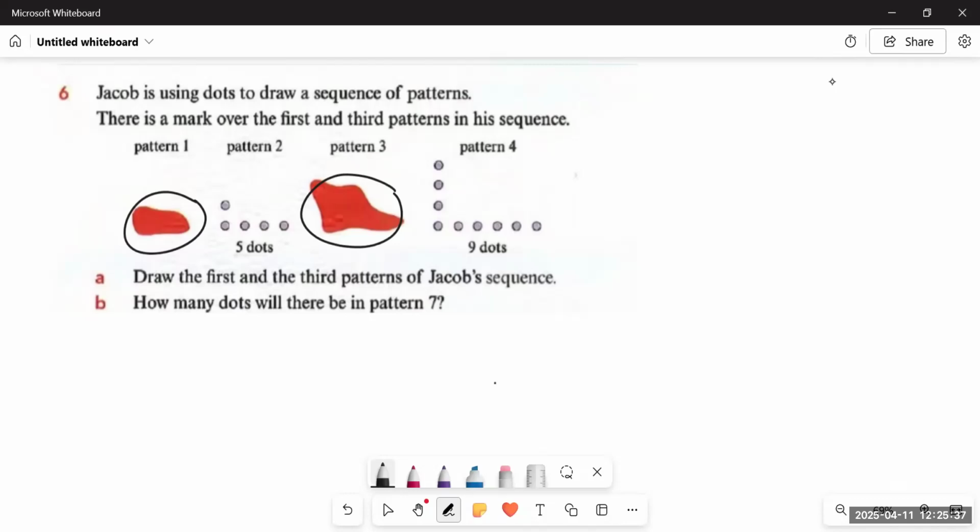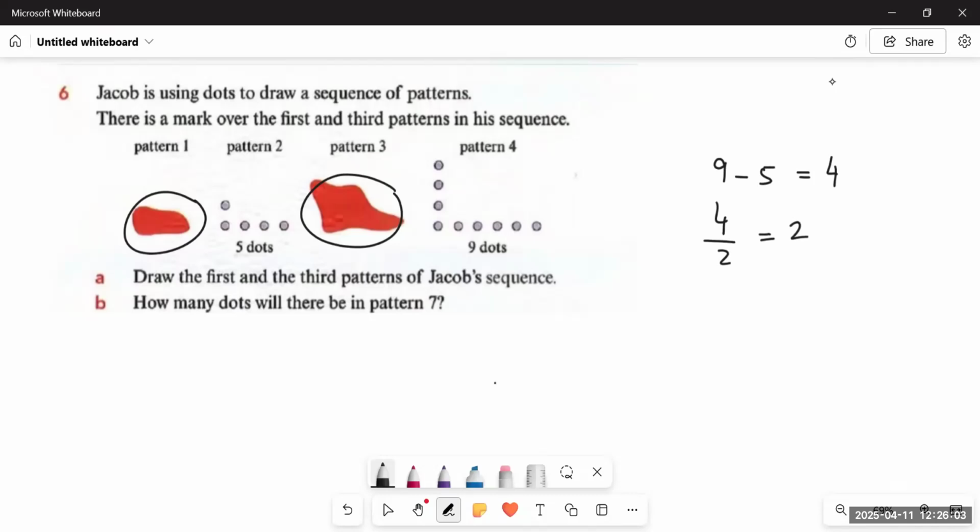So what do we have to do to find how many dots would be in between 2 and 4? For that, we will simply subtract 5 from 9 and we will get 4. It means there is a difference of 4 dots between pattern number 2 and pattern number 4, and there is one more pattern in between. So we can simply divide 4 by 2. It means there is a difference of 2 dots between each 2 patterns.